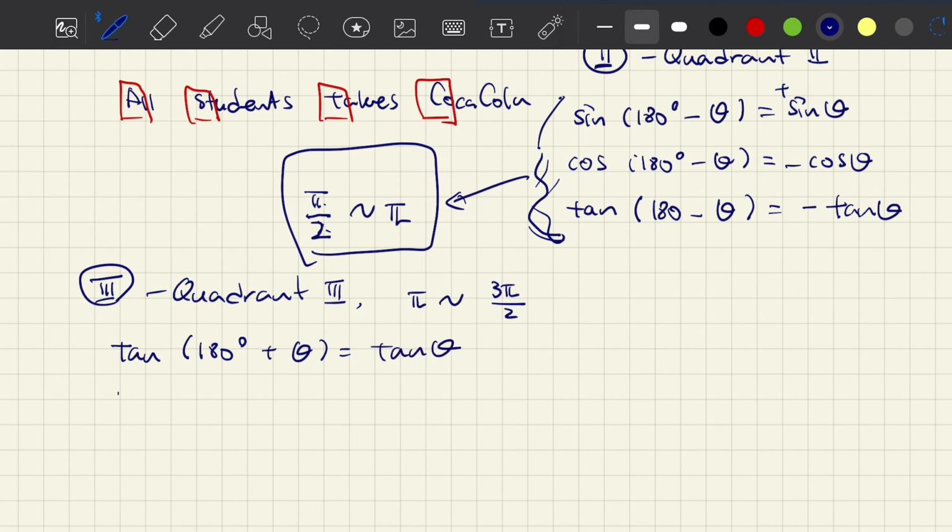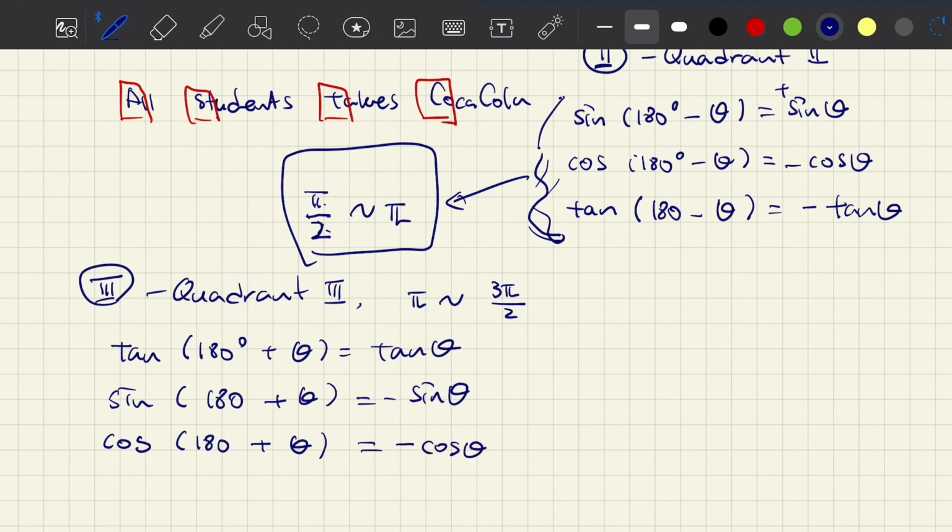If we're trying to calculate the sine, 180 plus theta will give us the negative sine theta value. If we're trying to calculate the cosine theta value, we have to do 180 plus theta, and this will give us the negative cosine theta value.